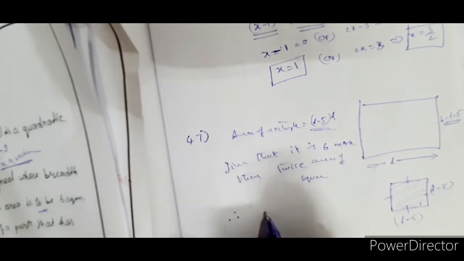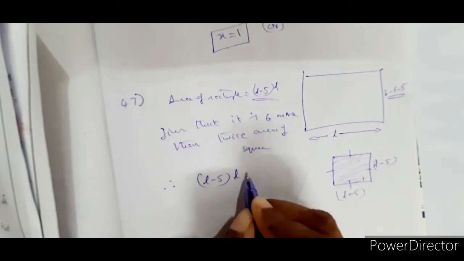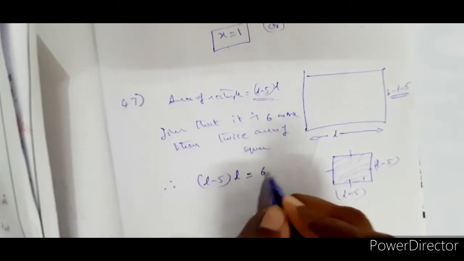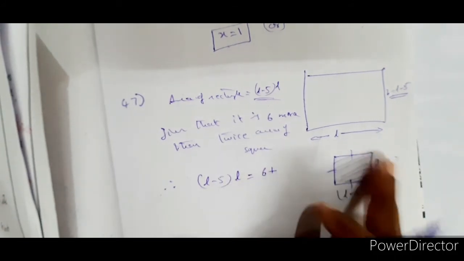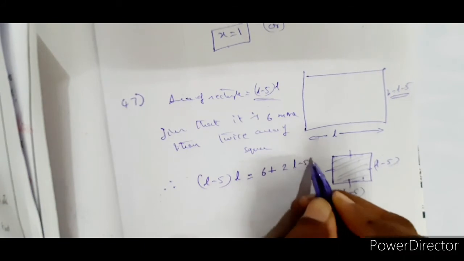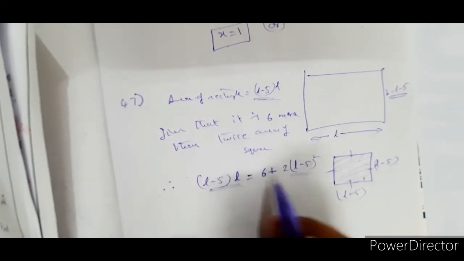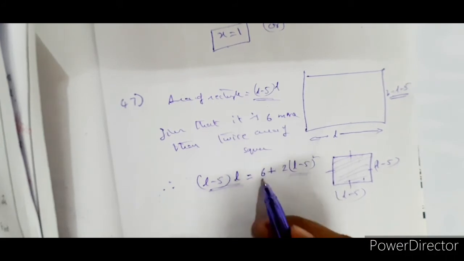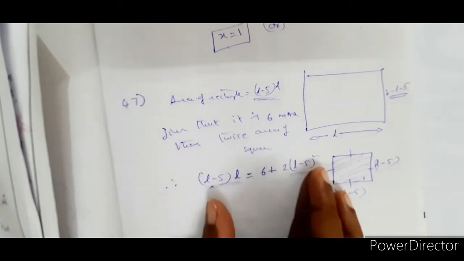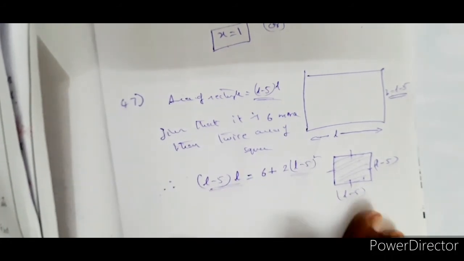So therefore L minus 5 into L is equal to 6 plus twice L minus 5 whole square, the area of the square. This is the area of the rectangle, this is the area of the square, twice the area of the square and 6 more than. Is the condition satisfied? Right. So now we need to find out the area of both.